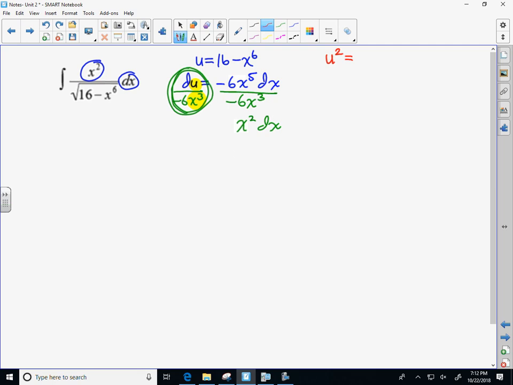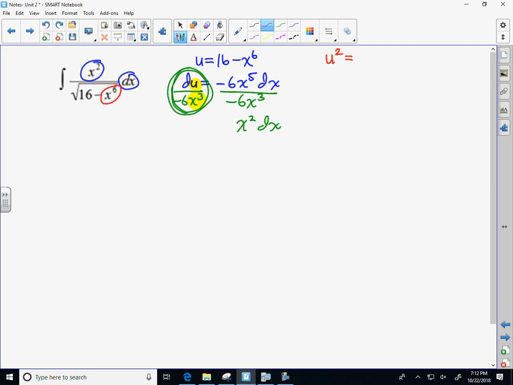Well, actually, I just want to think this through because I think I can do it with the entire expression, 16 minus x to the 6. Just want to make sure I'm not lying. No, because then I have to. I kind of want to do it. I want to go for it, but I'm not really sure. No, I'll go with what works. I'm going to let u squared be equal to just the x to the 6th.